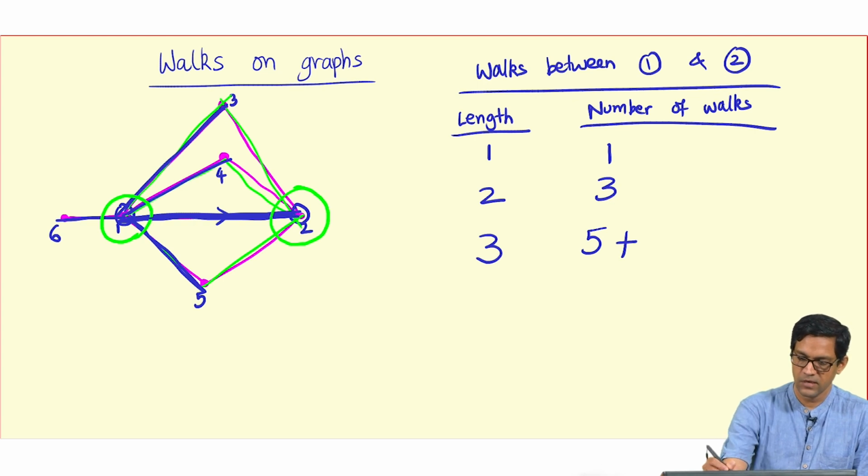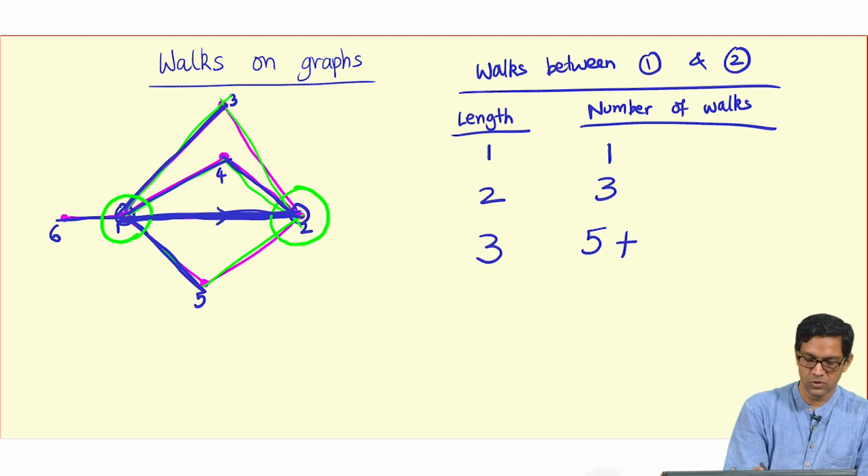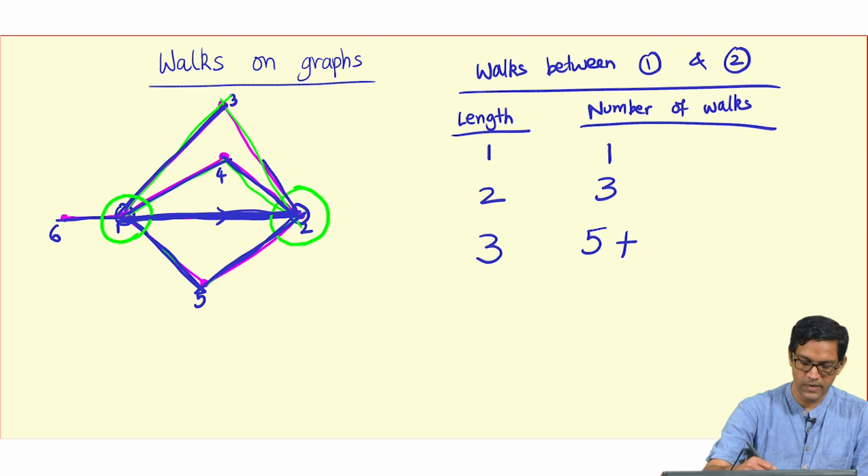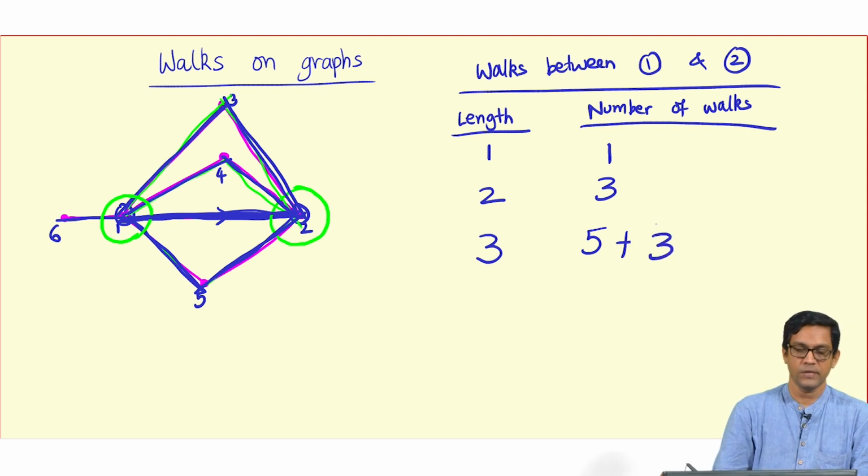So, for instance, we go to 2, then to 4 and then back to 2. Then you go to 2, then go to 5 and then go back to 2. Likewise go to 2 and then go to 3 and then back to 2. So, there are 3 edges coming out of 2, you can do this back and forth hopping along each of them. Okay, and you can convince yourself that that is pretty much the only ways of going from 1 to 2 using a walk of length 3.